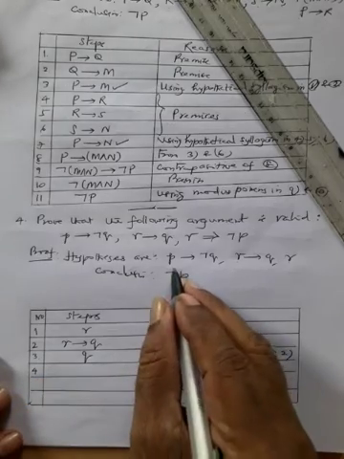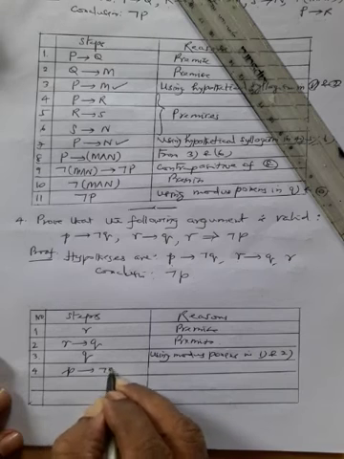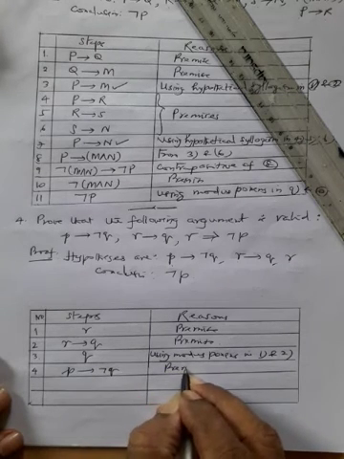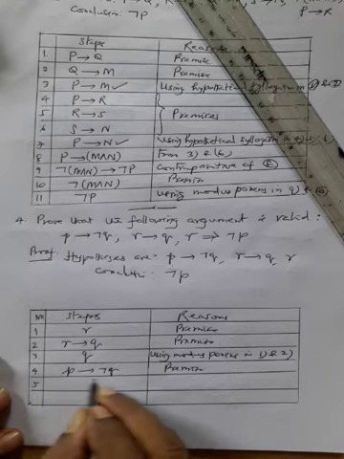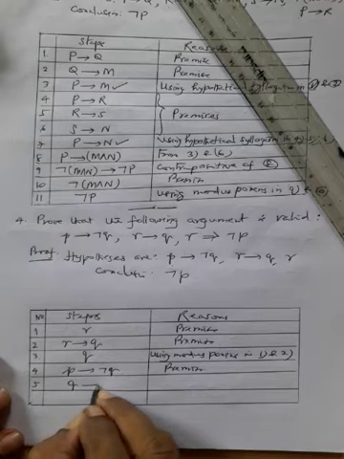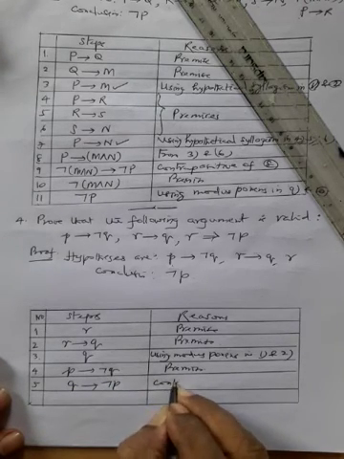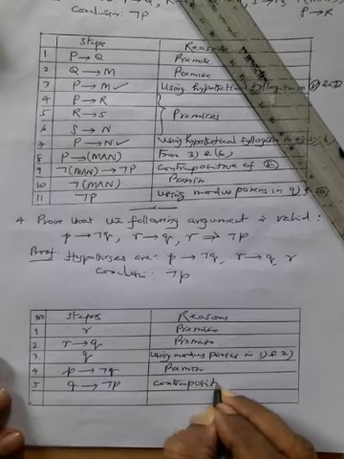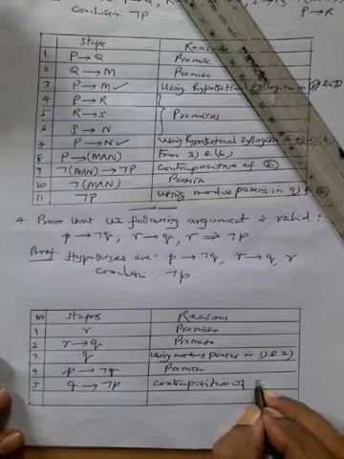Fourth one, another premise P conditional negation Q is there. This is a premise. So let us take the contrapositive of this: negation P, double negation Q, reverse it. Q implies negation P, contrapositive of 4.